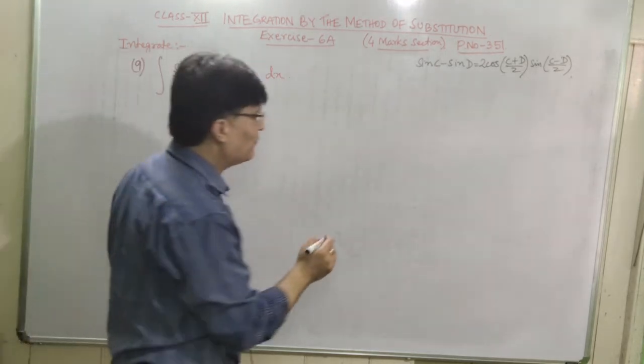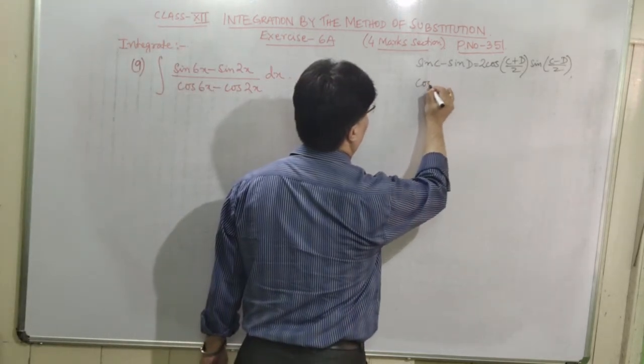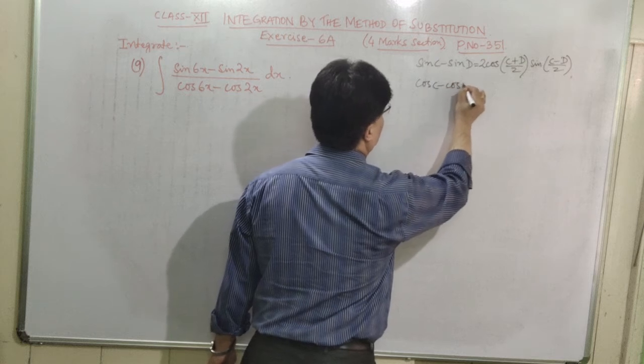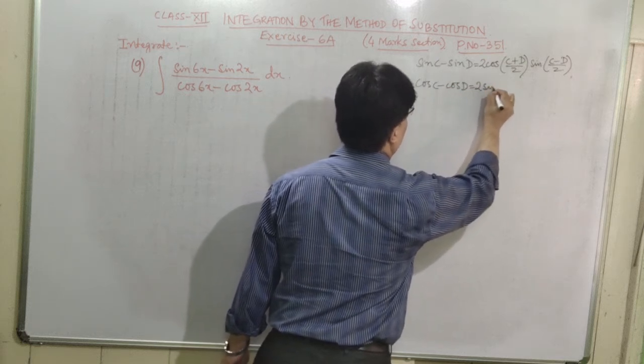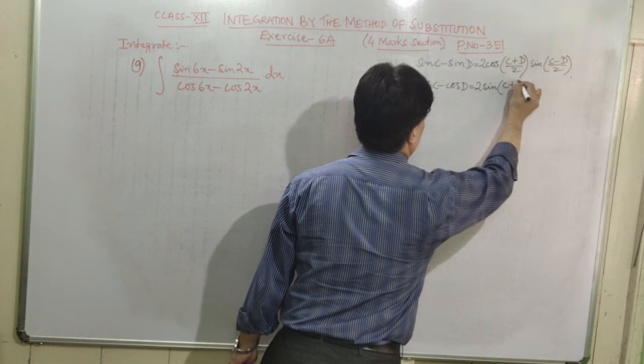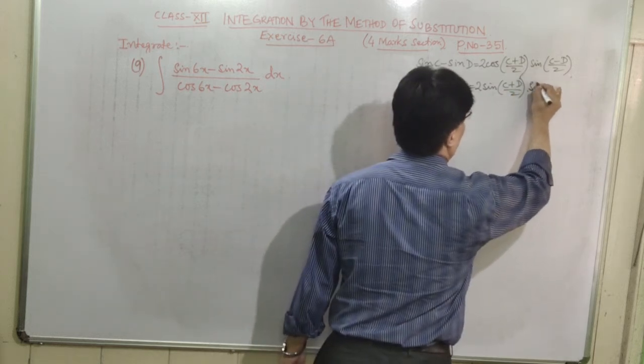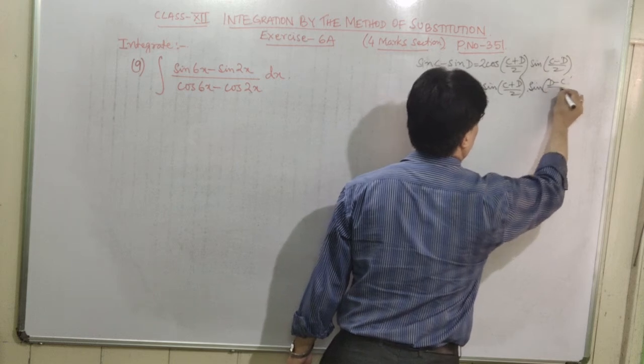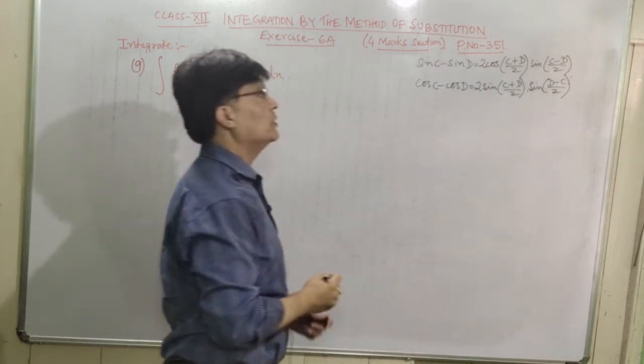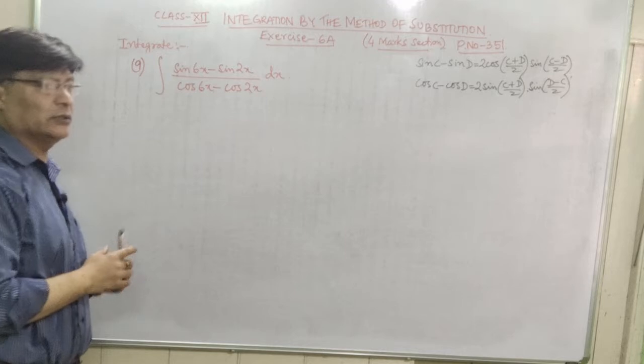And what is the formula for cos c minus cos d? Cos c minus cos d is 2 sine of c plus d by 2 into sine of d minus c by 2. So these are the formulas that you can use out here.